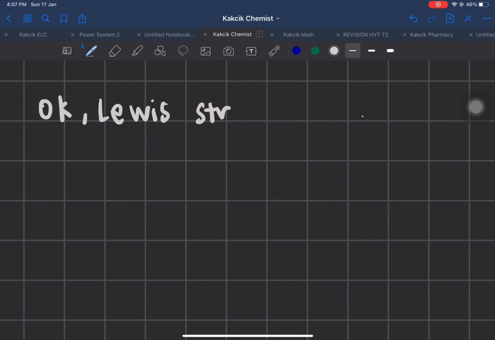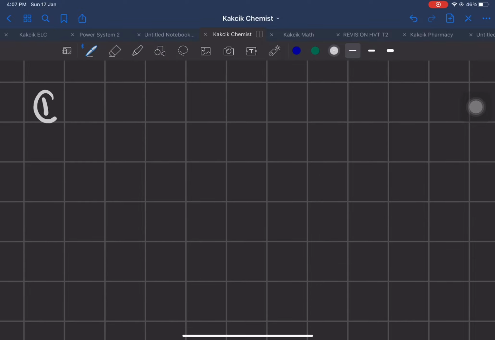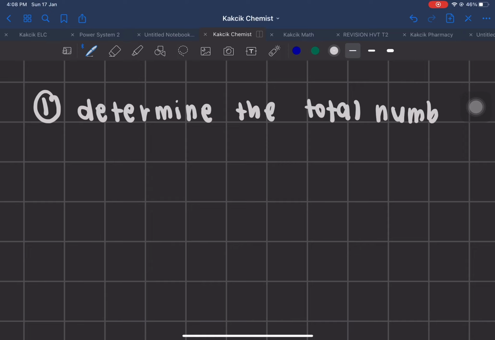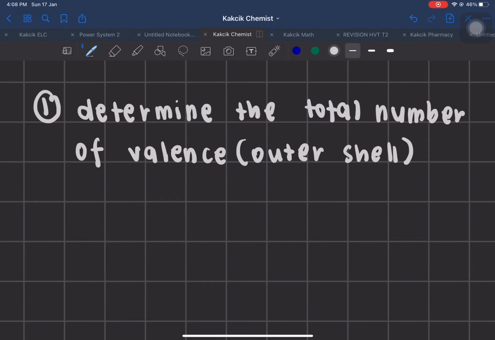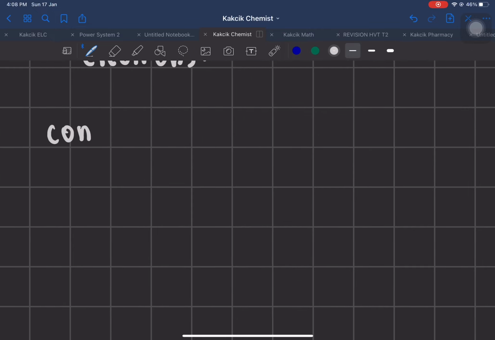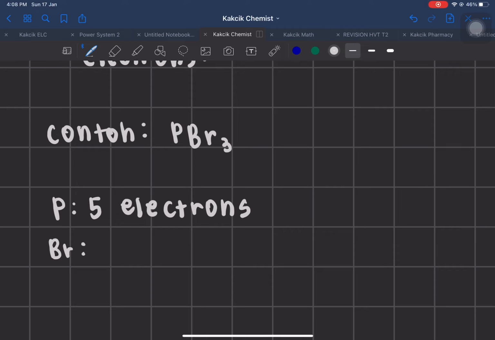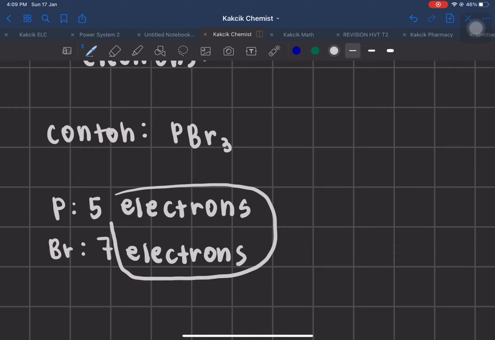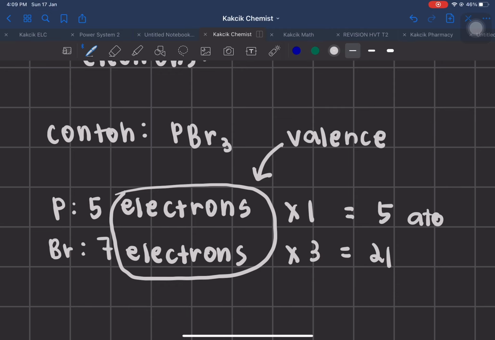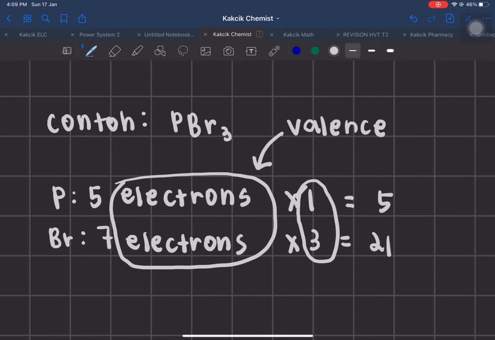Okay, so we start with how to write the Lewis structure. So Lewis structure, first kali, we have to determine the total number of valence or the outer shell electrons. Okay, contoh, we use PBr3. Okay, the phosphorus and bromine. So phosphorus have 5 valence electrons, and it also have 1 atom, so it's 5 lah kan.